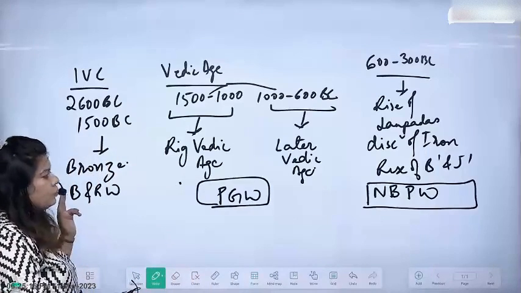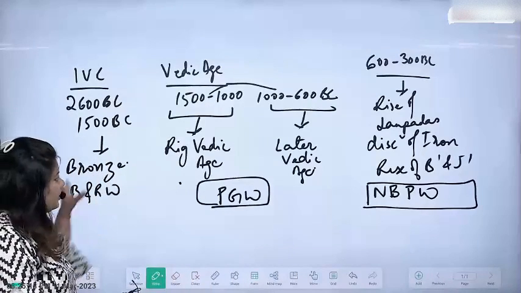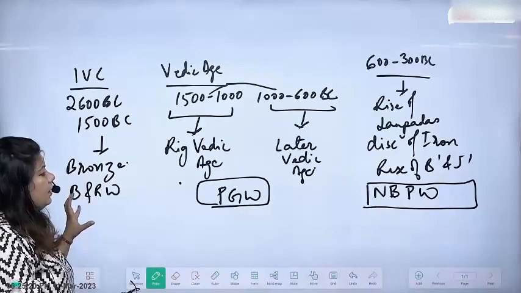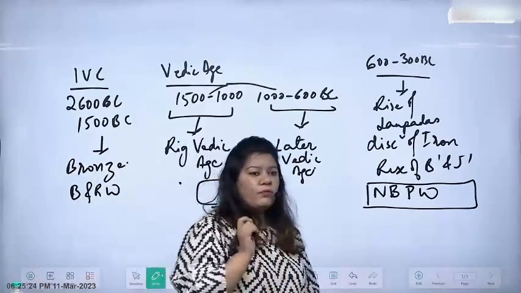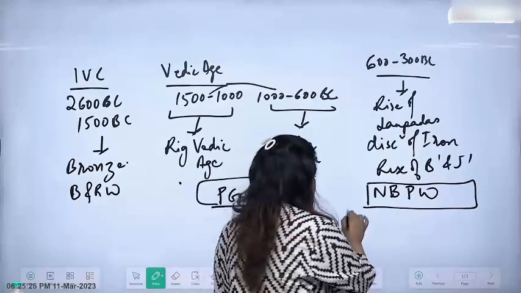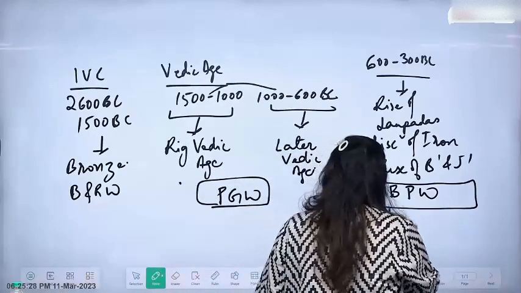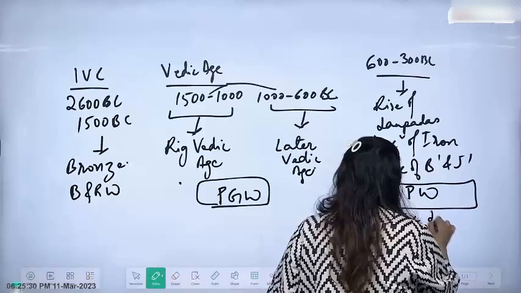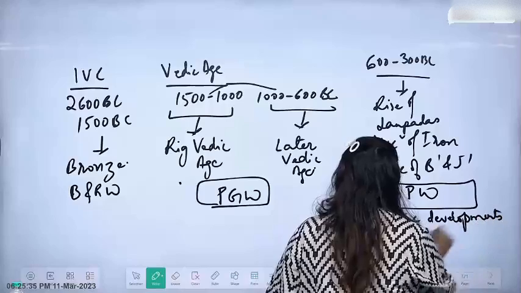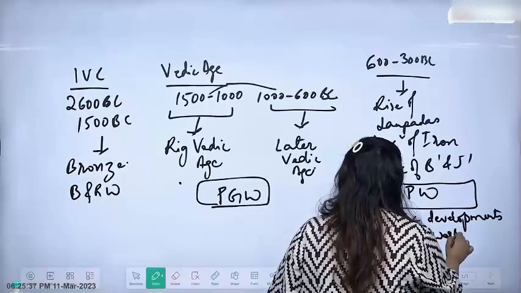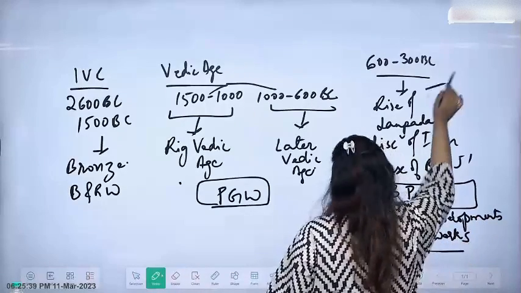Thirdly, what you have to look for is, because we are doing Iron Age, this Iron Age was also a very important phase for scientific developments and works. Specifically this phase.